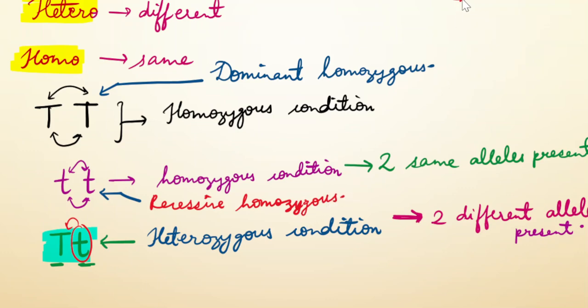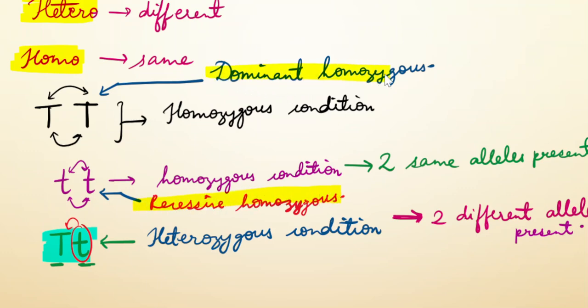When there is capital T, small t, then capital T will express. When there is small t, small t, these two alleles are for dwarfness, which means dwarf height will be expressed as the phenotype. So this is about recessive homozygous.